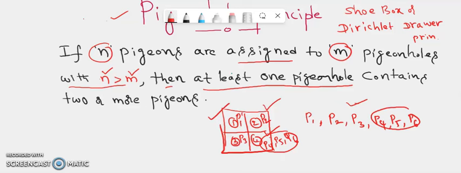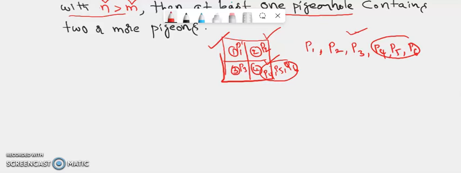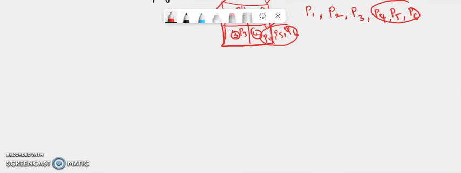To understand much better, we are going to do one problem here. The problem is, in a group of 13 children, there must be at least 2 children who were born in the same month.